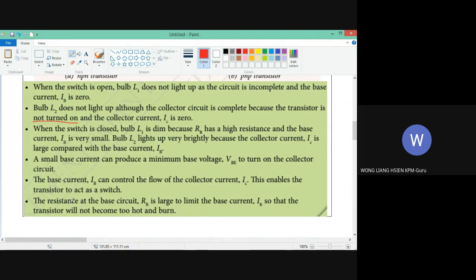The resistance in the base circuit is large to limit the base current, so that the transistor will not become hot.